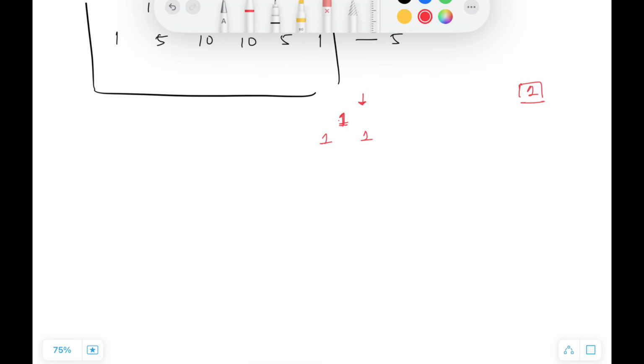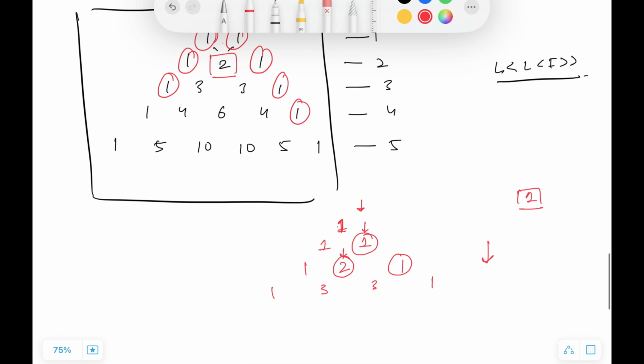Now apply the Pascal rule starting with this item: this item plus the previous item is 2, and starting and ending with 1. Now index 1: this item plus the previous item is 3, and starting and ending with 1. So this is how we are going to create the Pascal triangle.